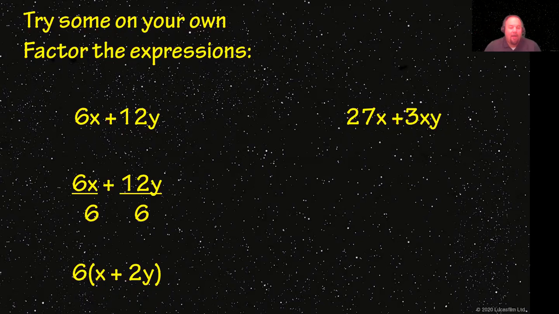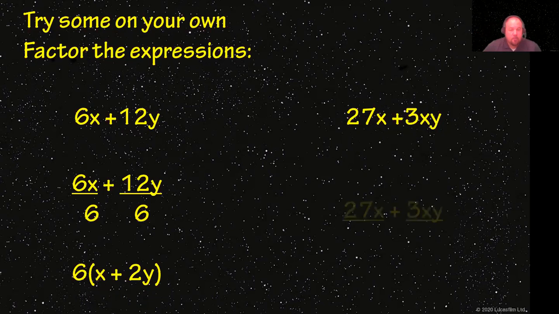For the next one over there on the right side, we see 27x plus 3xy. And looking at it, I can see there's an x in both of them. So I know I can take an x out. Well, can I take something else out? I look at my multiples. I know my multiples of 3. 27 is 3 times 9, so I know that's going to be it.